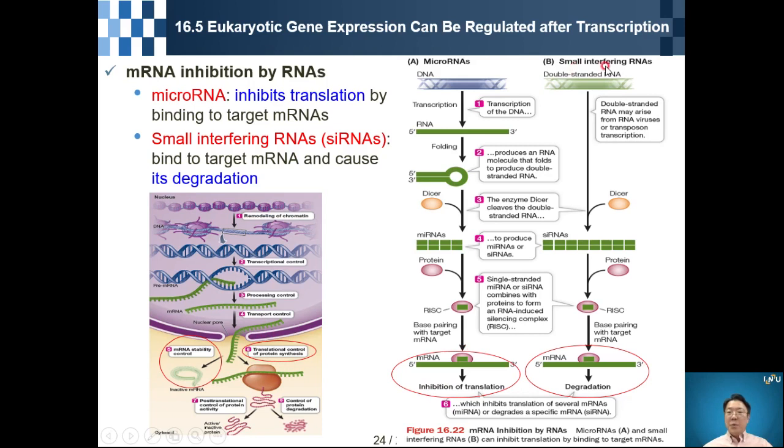However, small interfering RNA induces mRNA degradation, so this is involved in mRNA stability control. Both of them happen after transcription, but they are a little bit different.